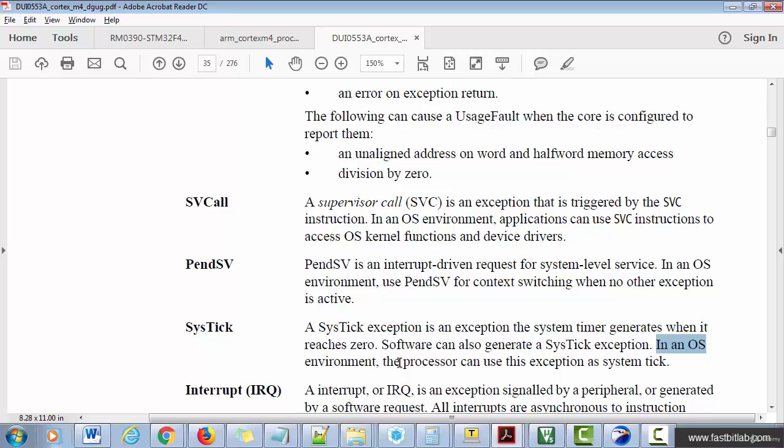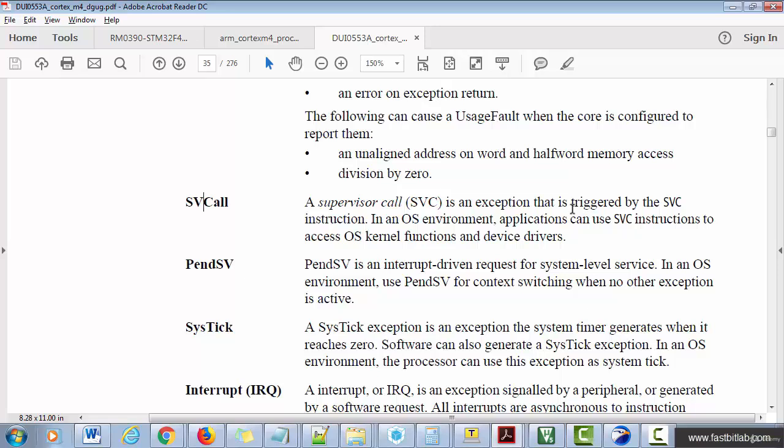All right, great. Now these are 2 other important system exceptions given by the ARM Cortex-M processor to efficiently design the operating system. SVCall stands for supervisor call. This is an exception that is triggered by the SVC instruction.